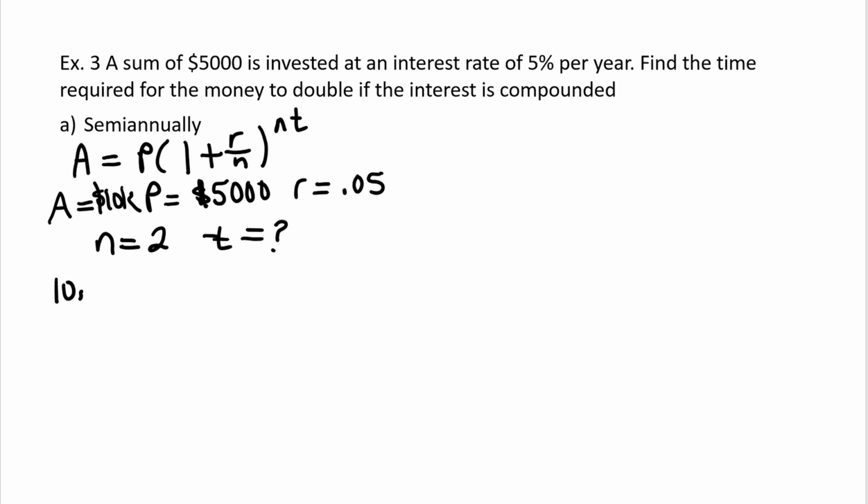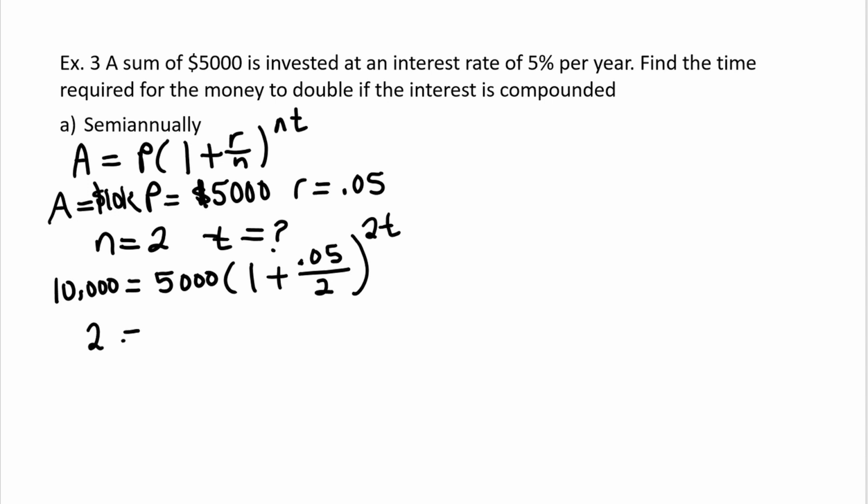So let's set this up. We'll have 10,000 is equal to 5,000 times 1 plus 0.05 divided by 2 raised to the power of n, which is 2, and t, the value we're looking for. In solving this exponential expression, we need to get the exponent part by itself, so let's divide by 5,000 on both sides.